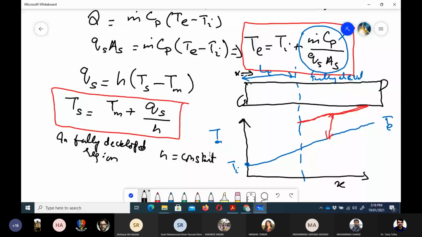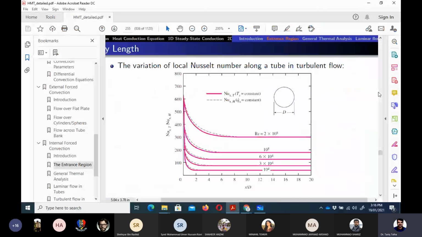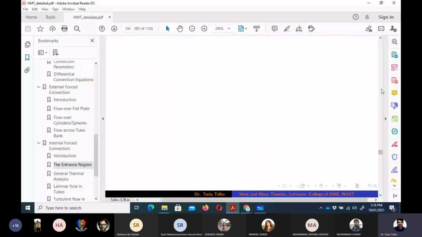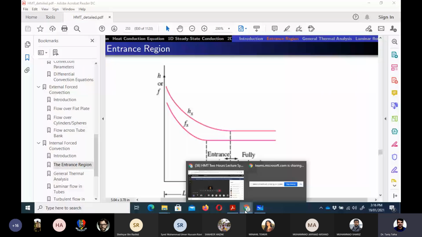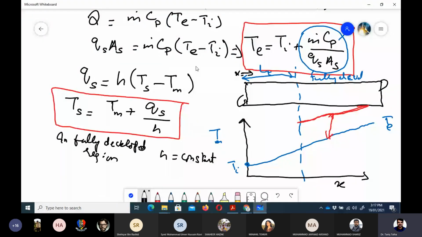We know that from this curve, that in the fully developed region h is a constant, and secondly, because we are saying that the heat flux is also a constant value, this second term would be a constant value in the fully developed region. So it means that that would be a parallel line. So this is a line of Ts, which is the surface temperature.